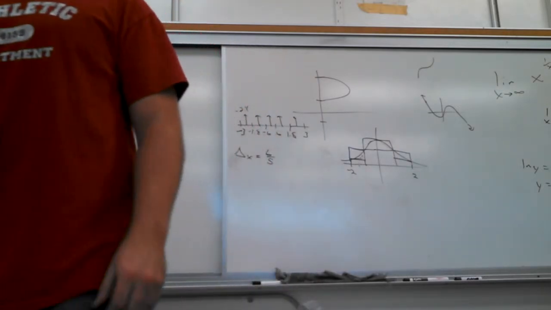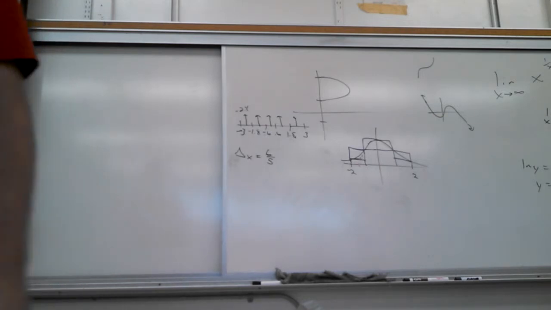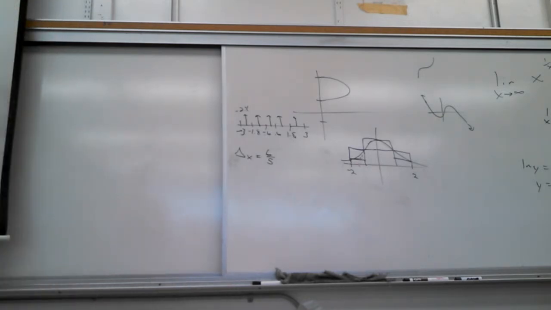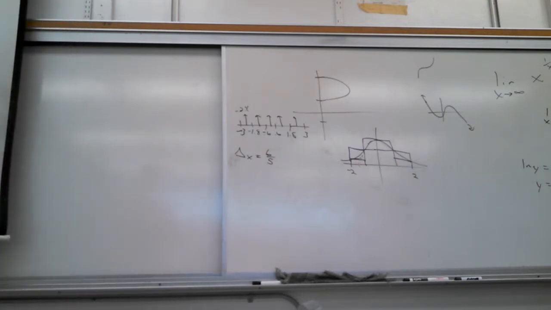Still, the midpoint is normally roughly the same as the left and right endpoint averaging. Depending on exactly what the function looks like, one is better than the other, but there's no definite winner. So we just say they're about the same.